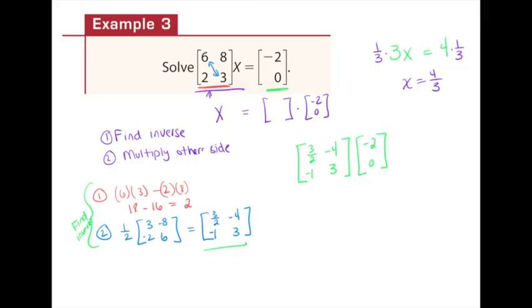So this row by this column, we have 3/2 times negative 2 plus negative 4 times 0. That's an easy one, right? I'm done because I've already done that row and there's only one column, so I'm going on to the next row. My next row is going to be this one. Negative 1 times negative 2 plus 3 times 0. All right, that will be my matrix.